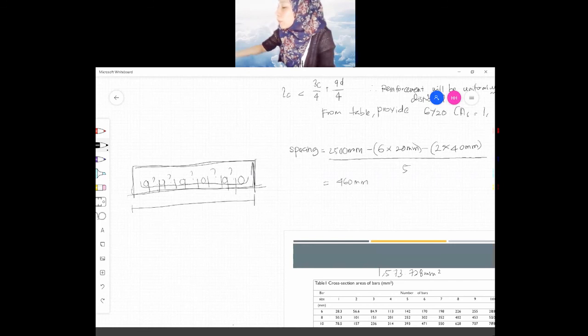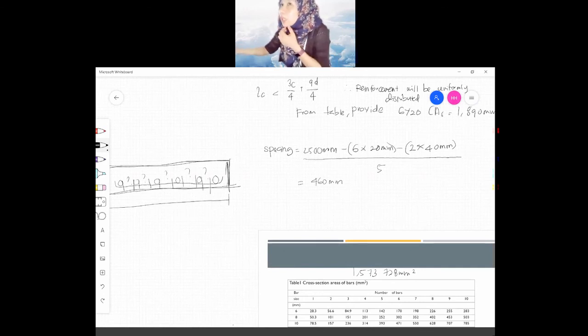So what I'm going to do with this 460 mm. Kalau macam beam, your concern is you must make sure that the spacing is enough for the concrete to seep into the area that you provide in between reinforcement tu.